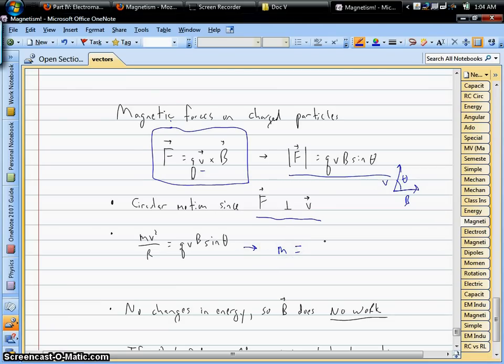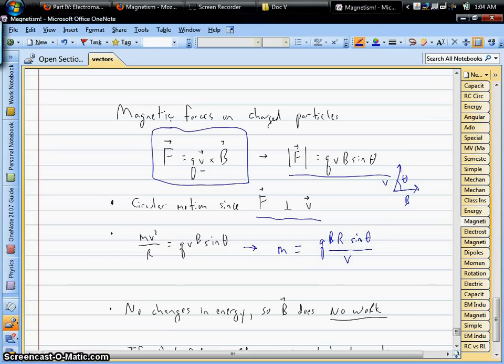In practice, in labs all around the world, you have these mass spectrometers to identify particles or ions or different types of even molecules if they're ionized. And when you solve for mass, you'll have the charge, the magnetic field, the radius of the circle that the particle moves in, possibly the sine of some angle if it's not 90 degrees, then you define that by the speed.